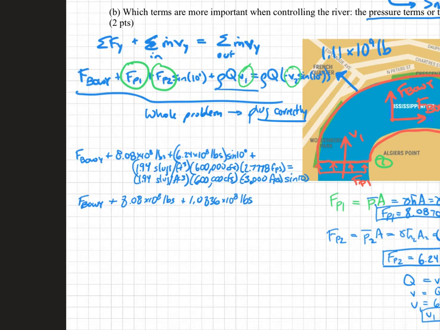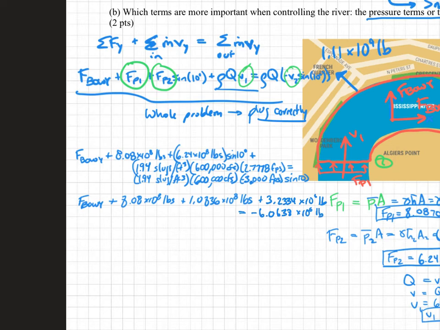Those are order 10 to the 8th, plus 3.2334 times 10 to the 6th pounds. A big number, but 100 times smaller than my pressure terms, equals negative 6.0638 times 10 to the 6th pounds.